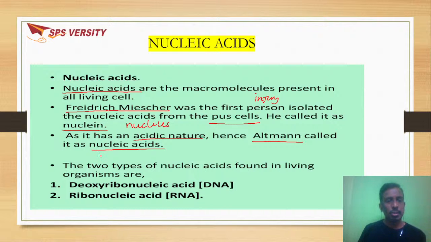There are basically two types of nucleic acids found in organisms: deoxyribonucleic acid, called DNA, and ribonucleic acid. What is this DNA and what is this ribonucleic acid?